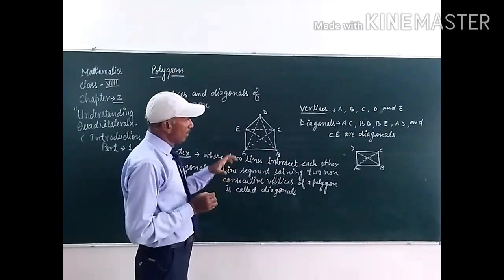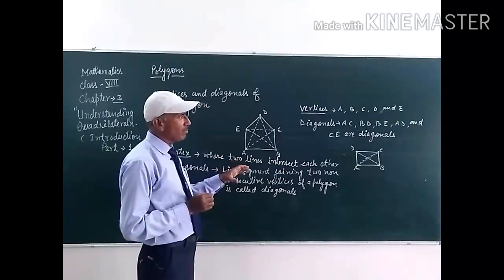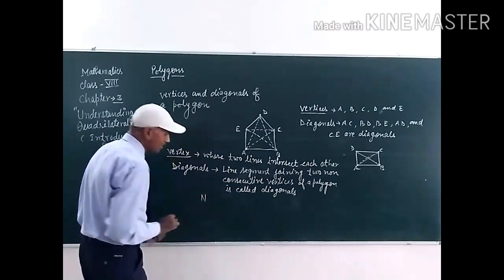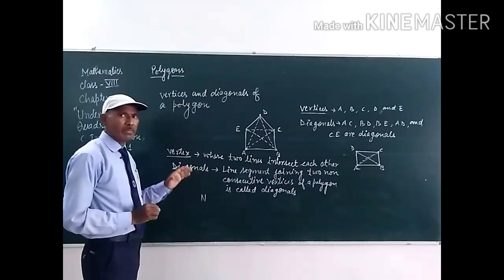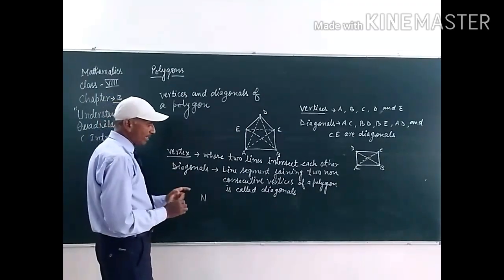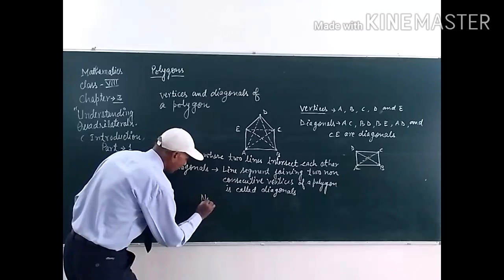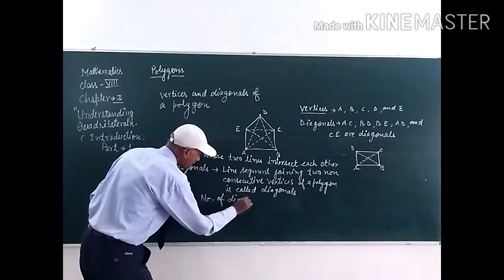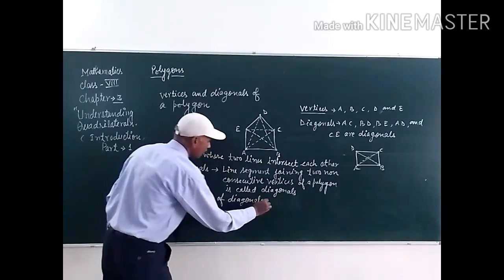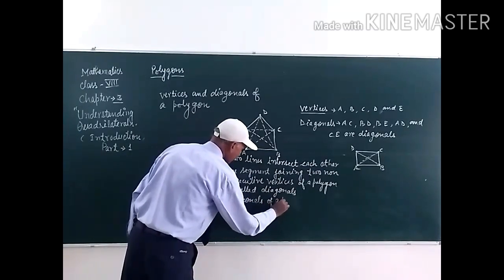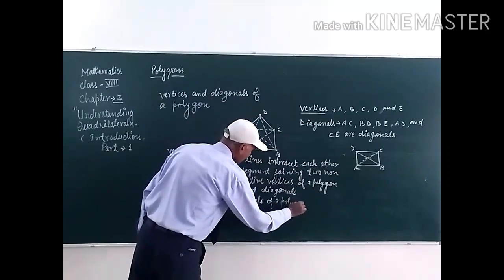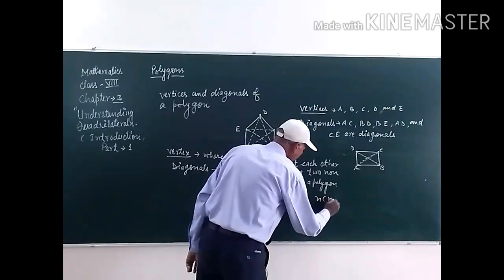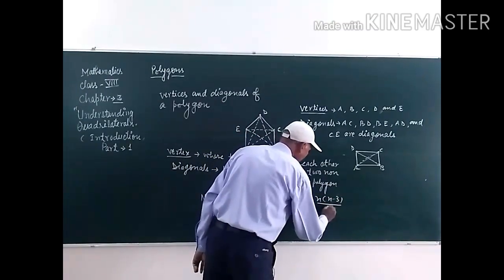So, students, now we will understand how we can find the number of diagonals in a figure. This is an important formula to find the number of diagonals, student. So learn it carefully. The number of diagonals of a polygon is equal to n(n minus 3)/2.